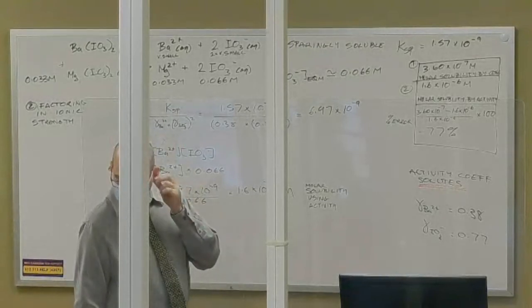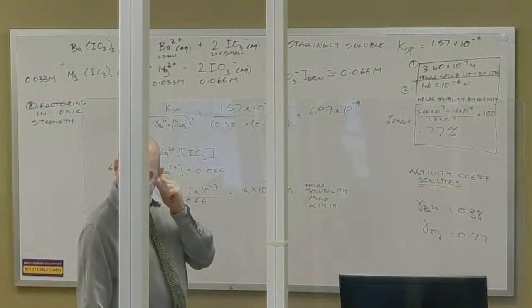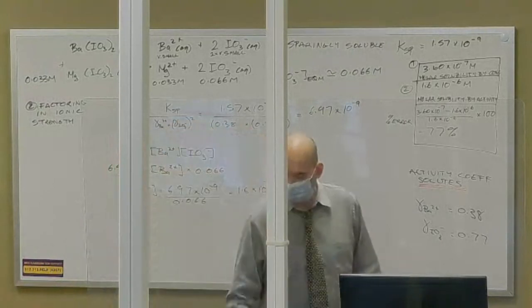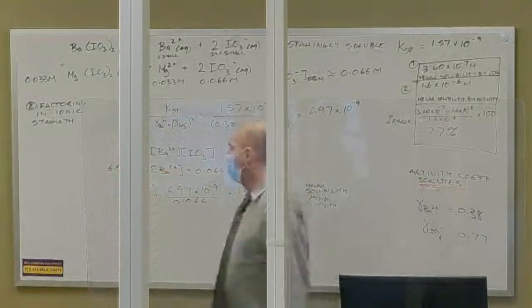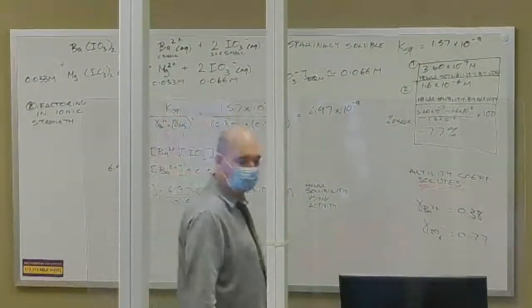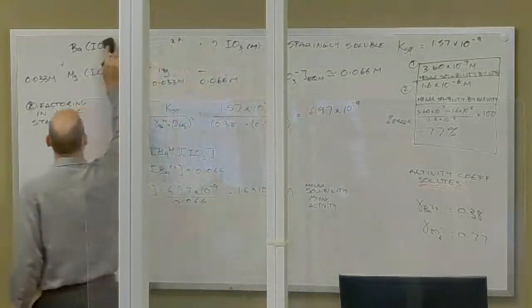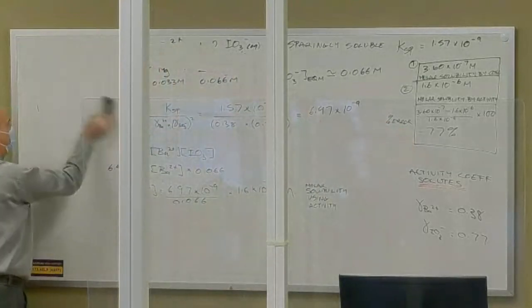We'll come back to that because I just don't want to beat it over and over and over. While we're here and we're talking about precipitates, let's talk about some experimental stuff about what to do with precipitates. Okay.